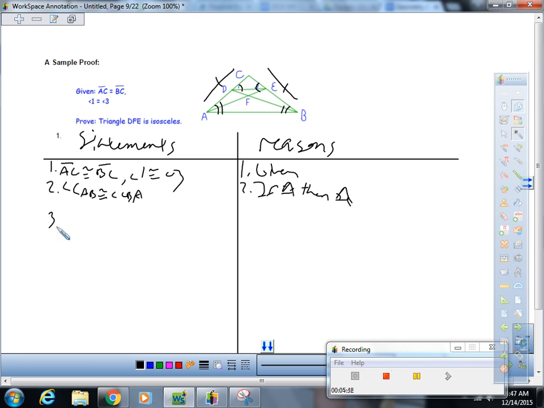And from there we can say that CD is congruent to CE, and that would be if angles then sides.